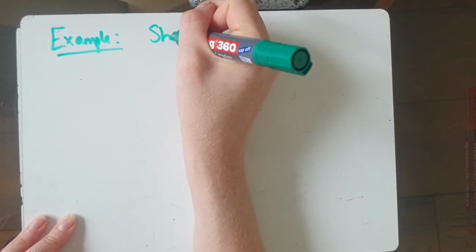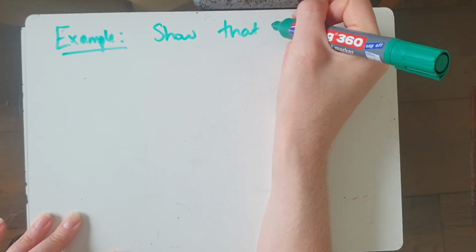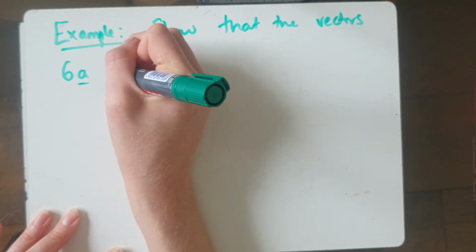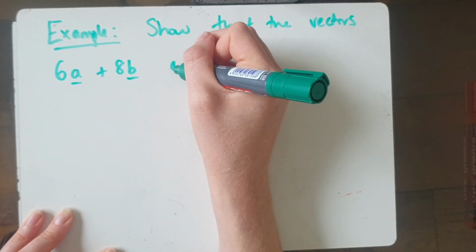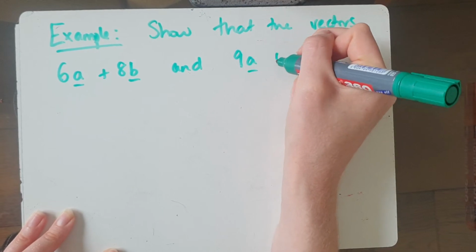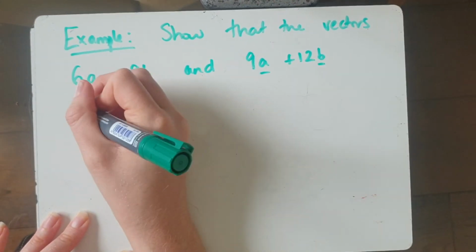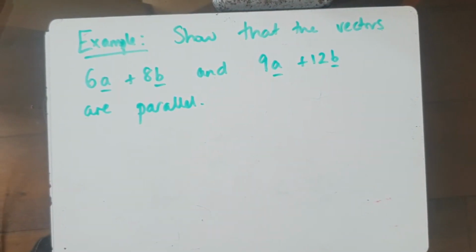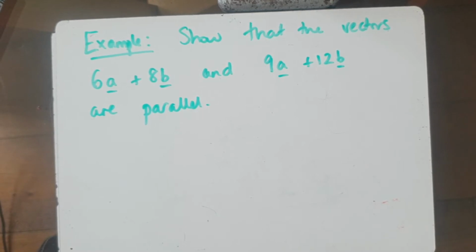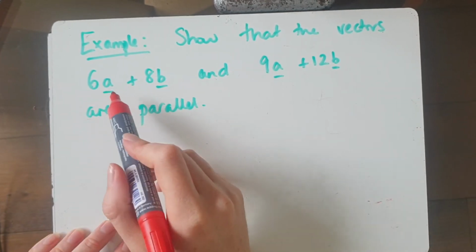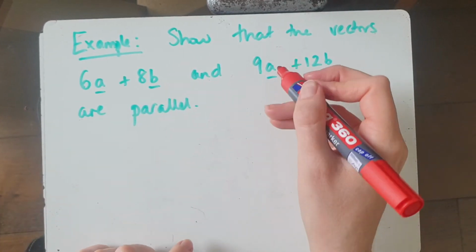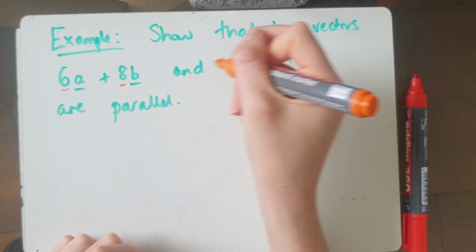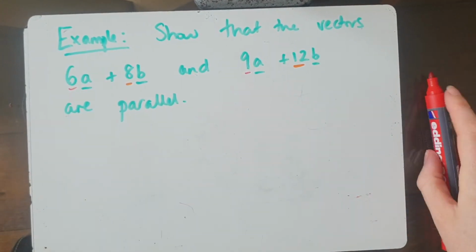is show that these two vectors are parallel. So show that the vectors 6A plus 8B and 9A plus 12B are parallel. So if we have a look at these, what we want is, we want these two coefficients to be multiples of the same number. We want these two coefficients to be multiples of the same number.